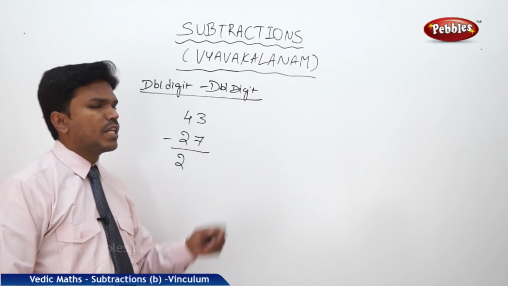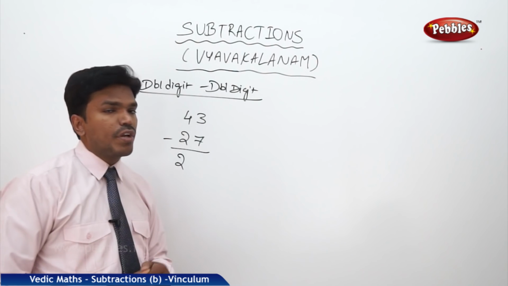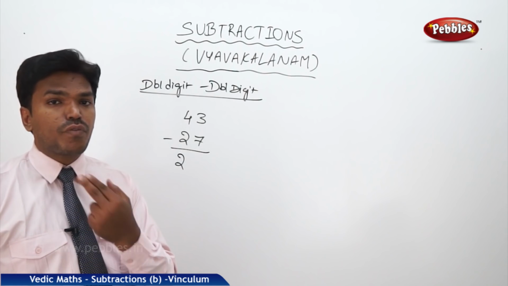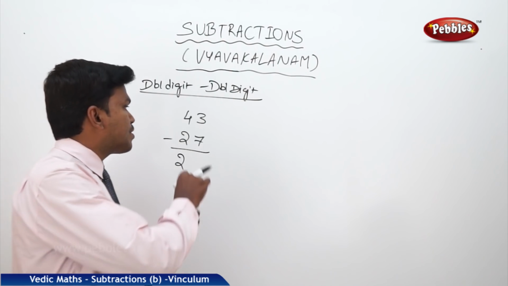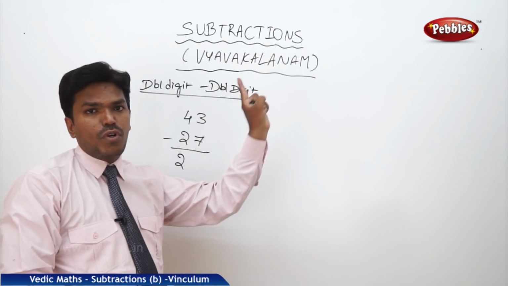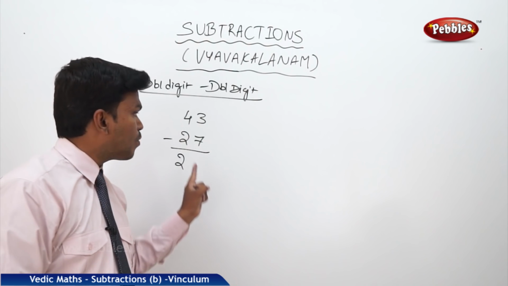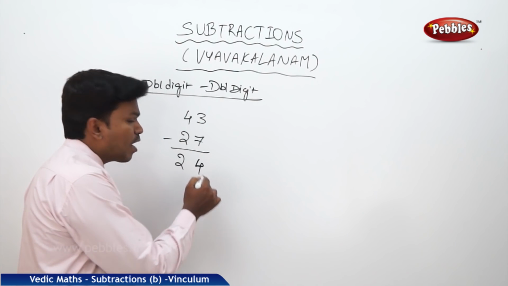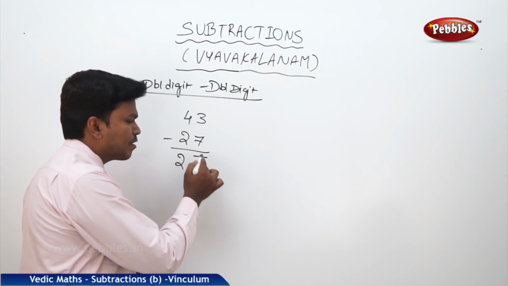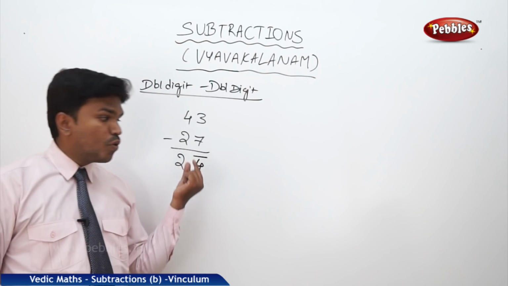Now, 3 minus 7. Is it possible? No, it is not possible. So if the subtraction is not possible, what are we going to do? We subtract in the reverse manner, that is 7 minus 3. We subtract the minuend from the subtrahend. How much will you get as the result? 4, but with a bar on it. Now we have the answer as 2 4 bar.